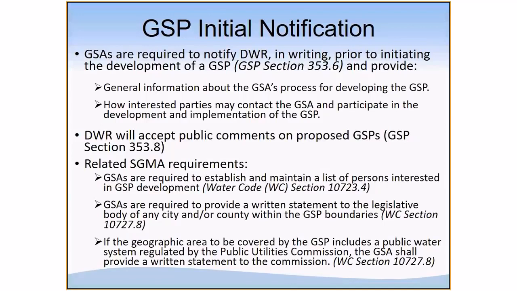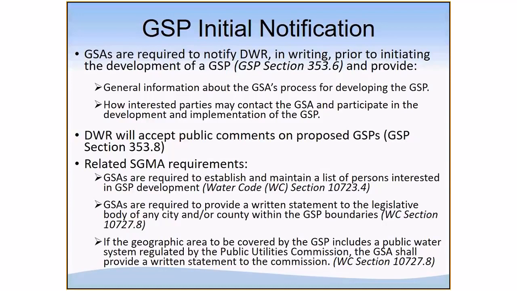That's Water Code Section 10727.8. And also in that Water Code Section 10727.8, there's another requirement that if the geographic area to be covered by the GSP includes a public water system regulated by the Public Utilities Commission, the GSA shall provide a written statement to the Commission.